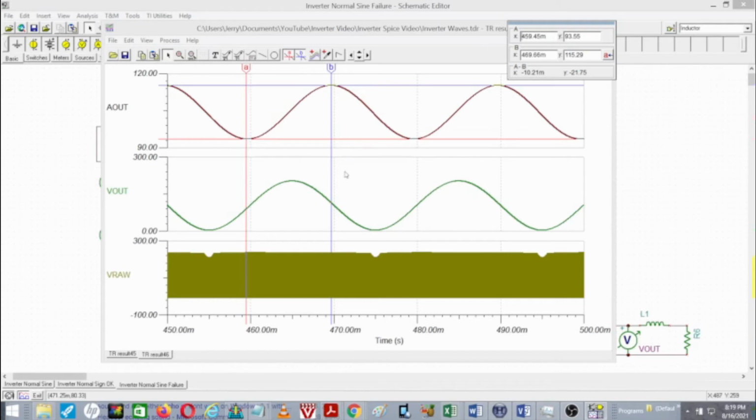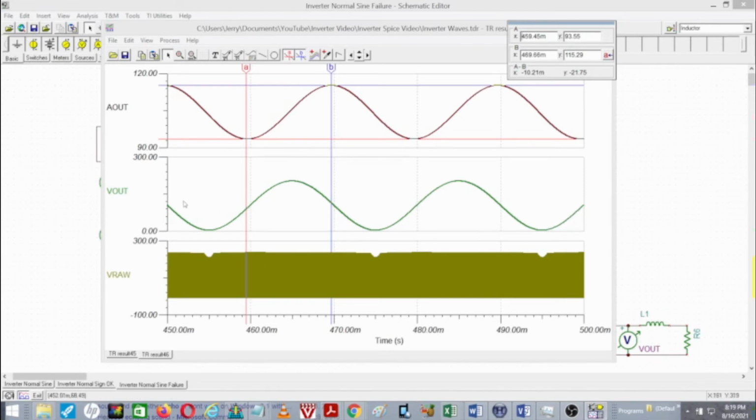Wait a minute. Let's look a little closer here. Look at the voltage output. Look, the negative level is 0, and it goes up to a positive level, actually probably about 150 volts or so. It doesn't go through 0 like a normal sine wave.